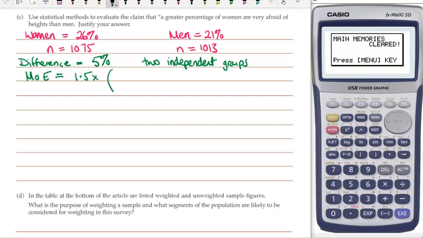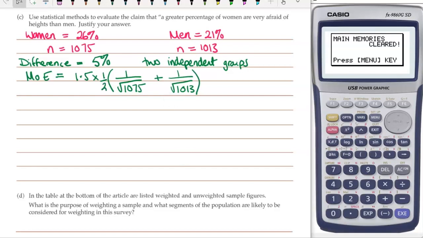So that is 1 over the square root of 1075 for the women and 1 over the square root of 1013 for the men. And then we half that to get the average of the two.